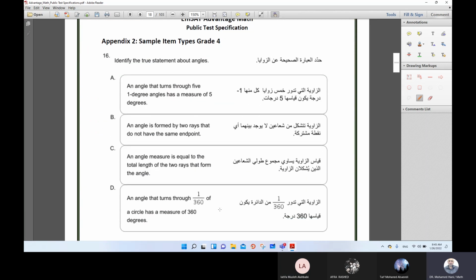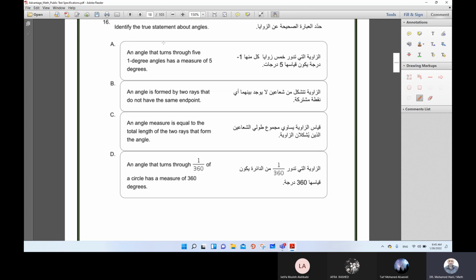Okay, the second question now, number 16. Identify the true statement about angles. I want from all students to read the four choices very well, then tell me what is the correct choice here, please.